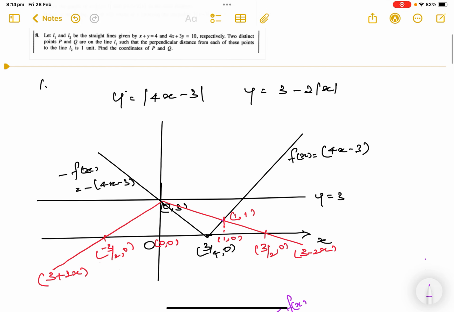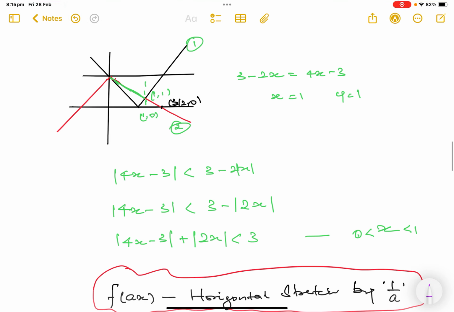So 4x minus 3 is the black graph and 3 minus 2x is the red one. The red one is greater than the black one only here, in other words from 0 to 1. The rest of the areas, the black one is greater.